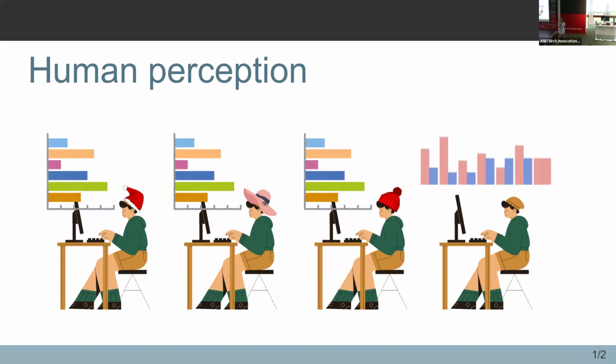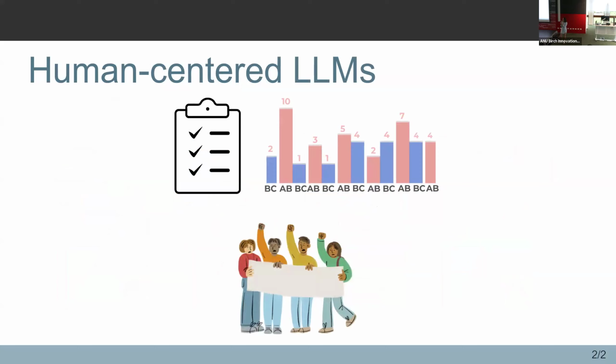We try to answer this first through a survey, capturing people's perception of creativity and visual accessibility, and second, by gathering metrics for evaluating visual accessibility. This is because today LLMs not only need to maintain accuracy, but also be aware of human-centered factors. Thank you.